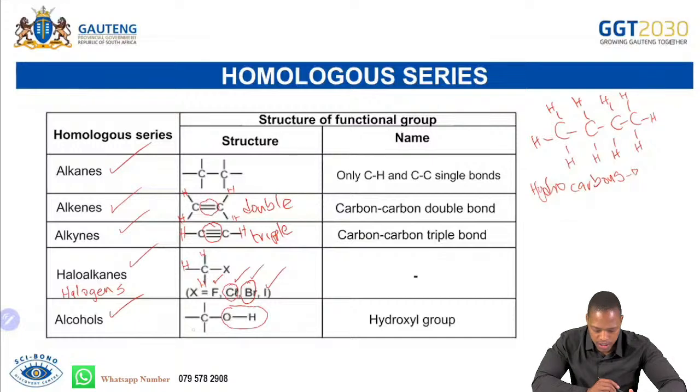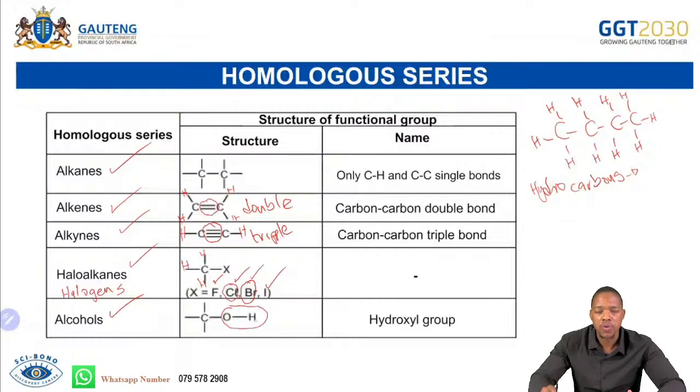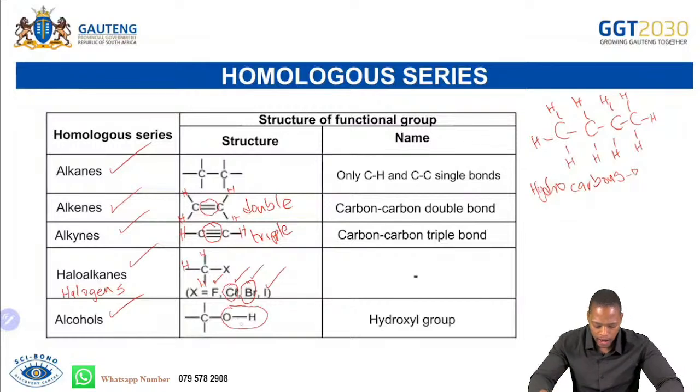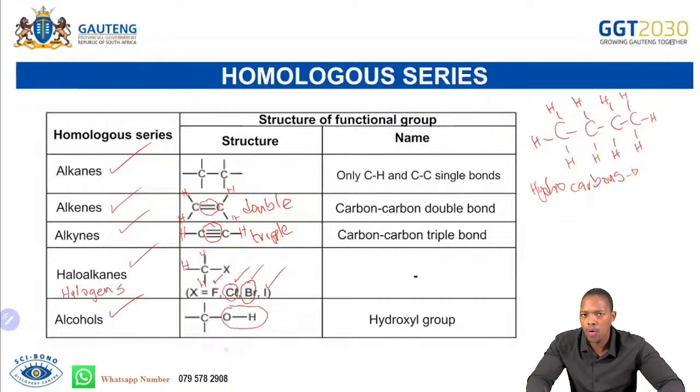I should stress that. It will be a single bond from a carbon to an oxygen and a single bond from oxygen to a hydrogen. That makes it an alcohol.